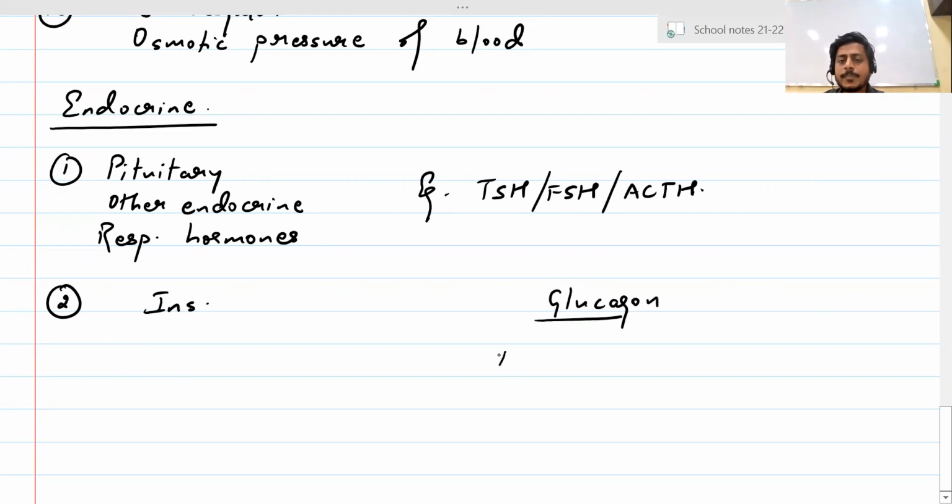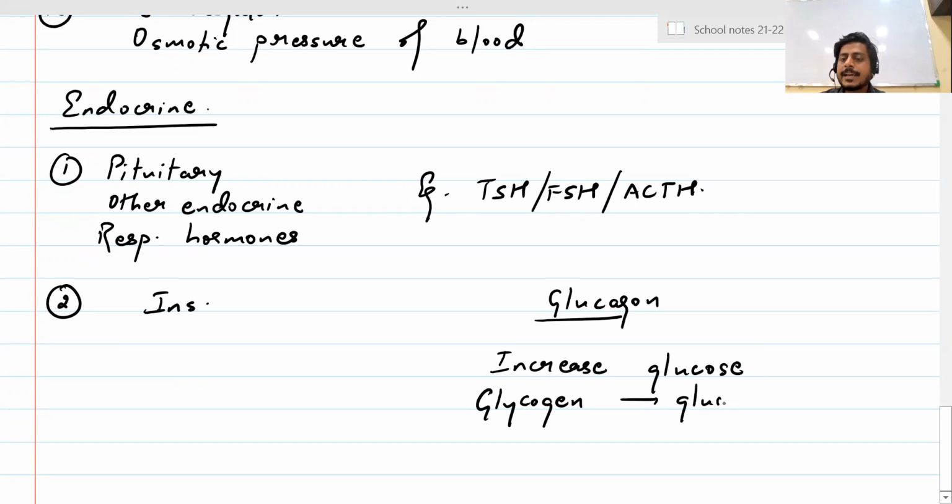The increase and decrease is important there. Glucagon will increase the blood glucose level. How will it increase the blood glucose level? It will break down the glycogen and convert that glycogen into glucose. That glycogen is the form in which excess glucose is stored in animals, and it will be added to the bloodstream.